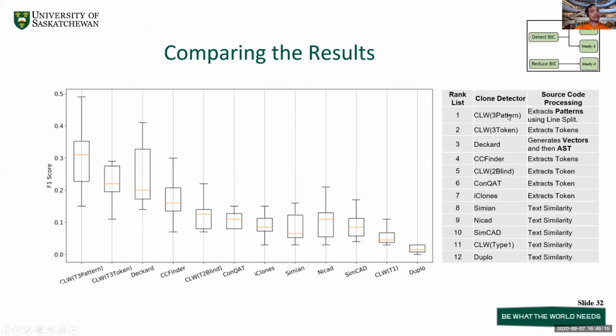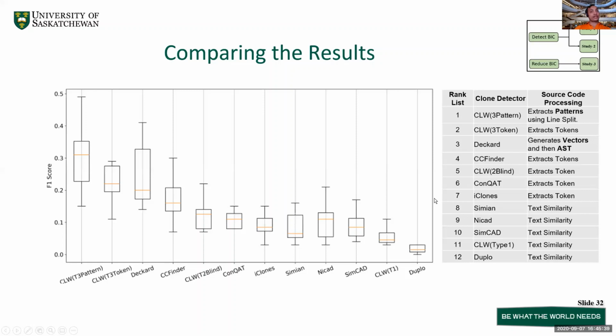Here we can see that the CloneWorks type 3 pattern F1 score distribution is much higher compared to the others, and we can also see that the text similarity based clone tools do not perform very well in this investigation.